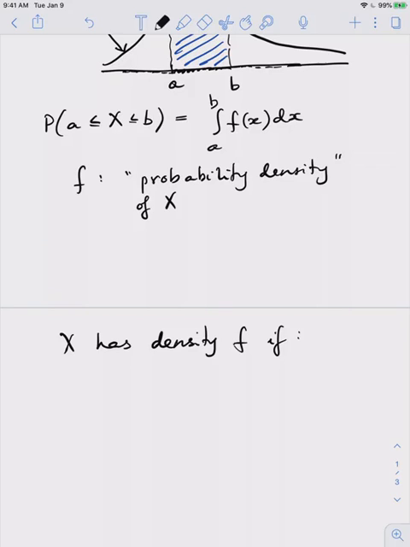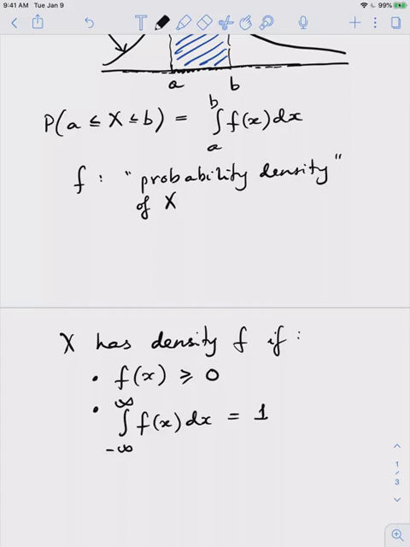So three conditions have to be satisfied. f has to be non-negative. That's a very natural condition. Its total integral over the entire line should be 1. In other words, the total area under the curve is 1.